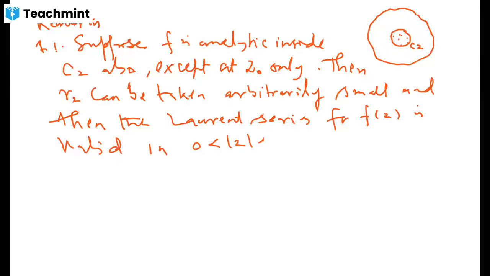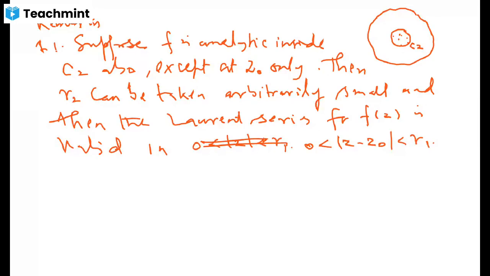At that time you do not need to take R2. You just have to avoid this. Sorry, it has to be z minus z naught. So it has to be 0 less than mod z minus z naught less than R1. It will be valid there.